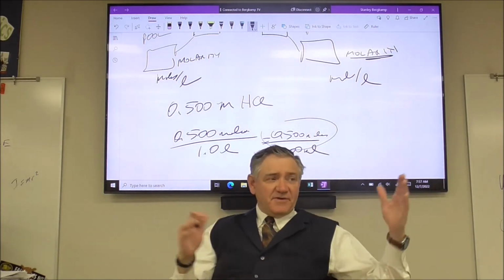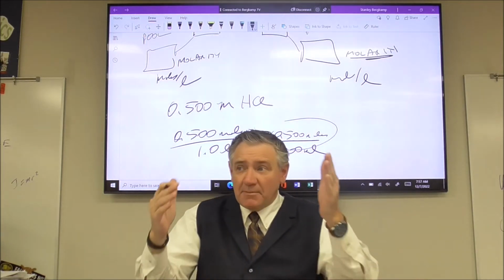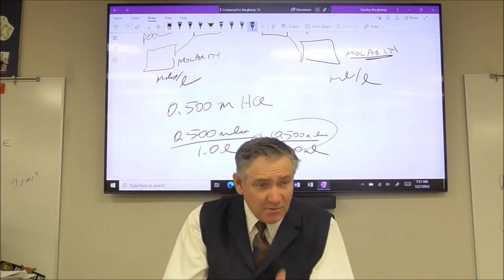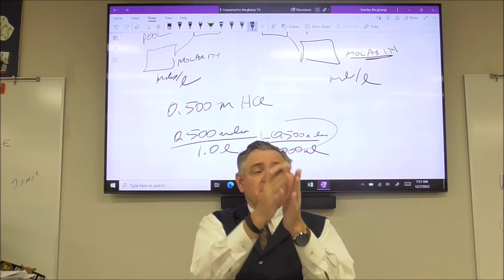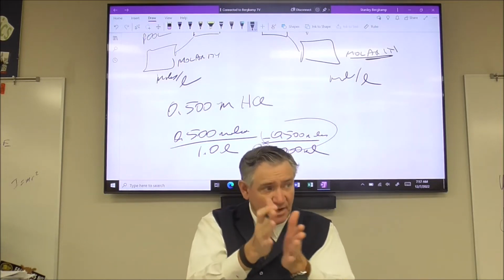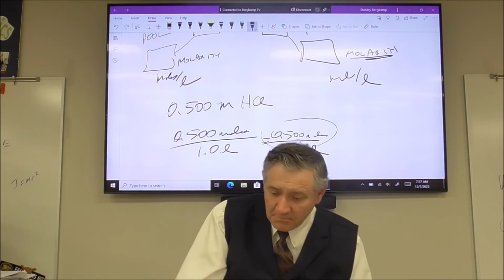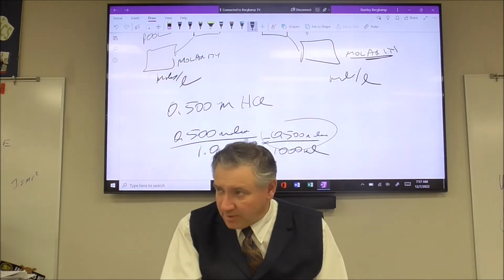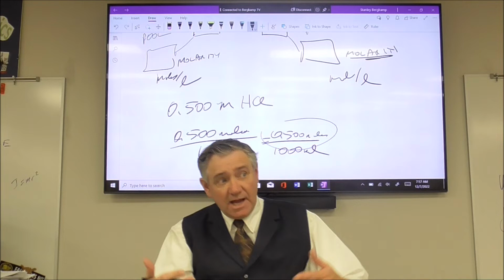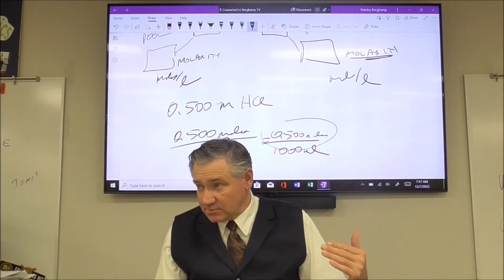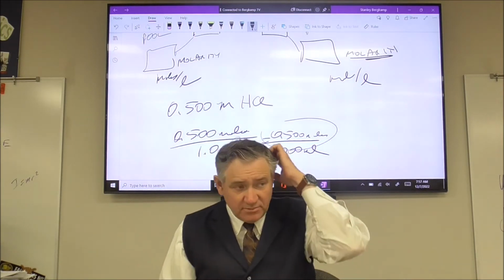Because if I have 1,000 milliliters, I'm going to have half a mole. I'm only going to have 25 milliliters, so I'm going to have less than 0.5 moles in that. So I know when I get done, my answer has to be less than 0.5 moles because I have less than 1,000 milliliters.